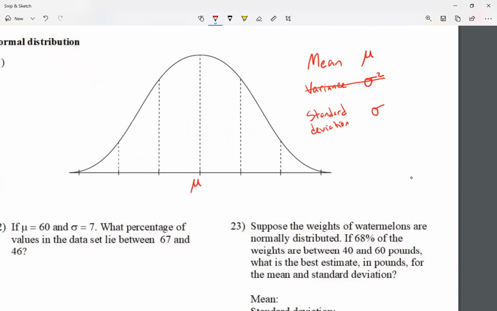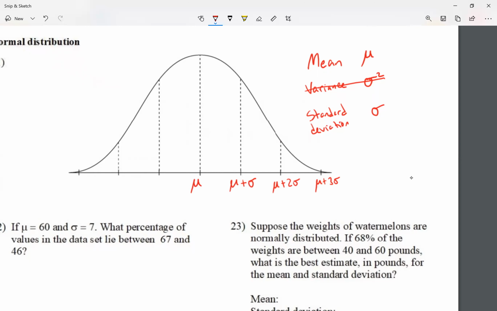Now, my first dotted line to the right of it, I'm going to say it is the mean plus 1 standard deviation. The second line is going to be the mean plus 2 standard deviation. And this last one, it's going to say it is the mean plus 3 standard deviation.